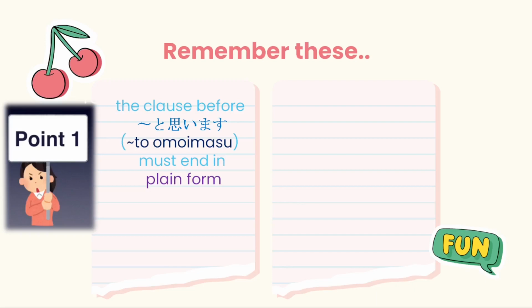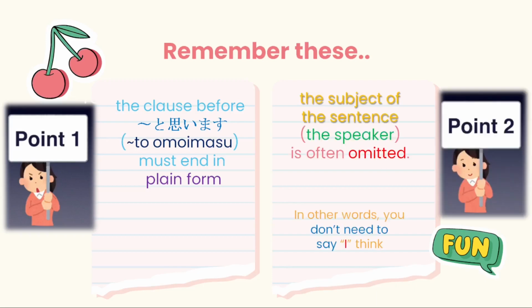Verbs in the plain form, na-adjectives in the plain form, i-adjectives in the plain form, or anything in the plain form. If you know how to say "because" in Japanese, you have already studied how to make a statement into its plain form. Great. Anyways, if you have not seen that video, you can check it out.